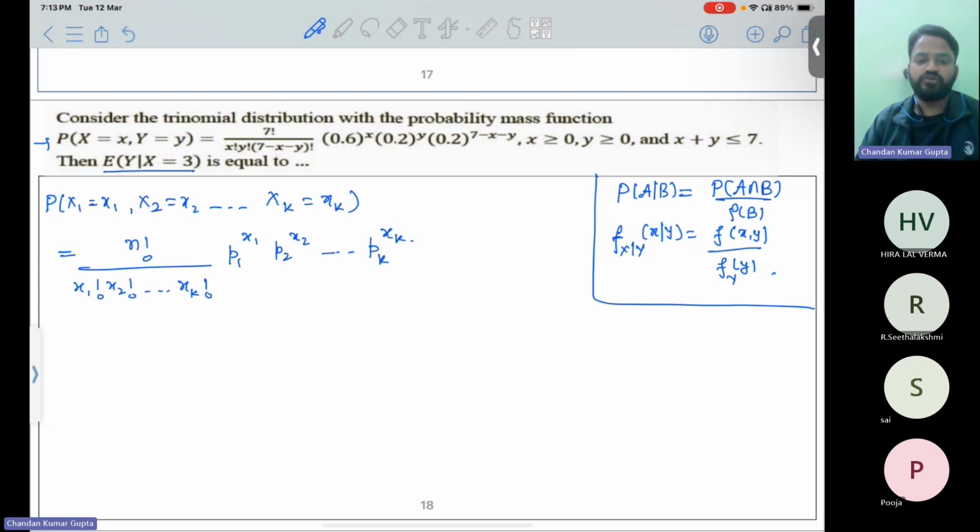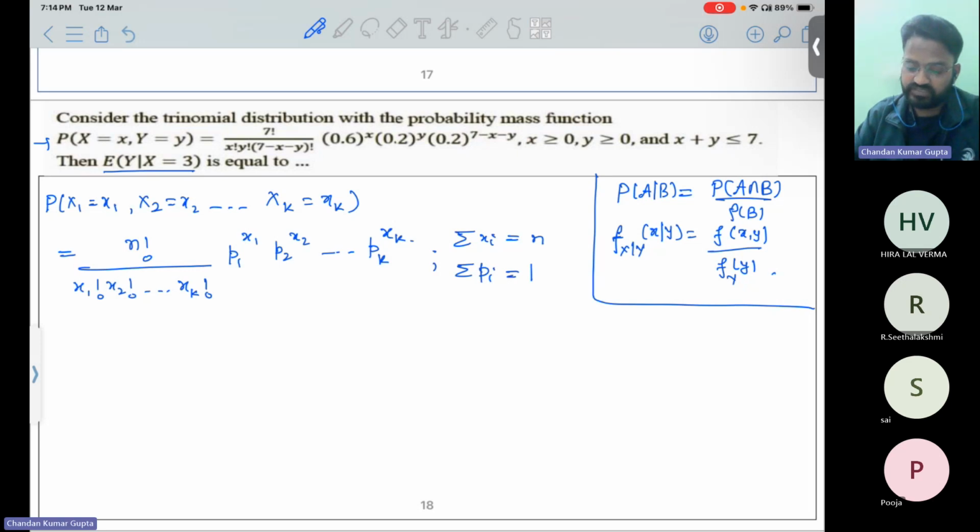This is the probability mass function of the multinomial distribution. Here the conditions are that summation xi equals n and summation pi equals 1.